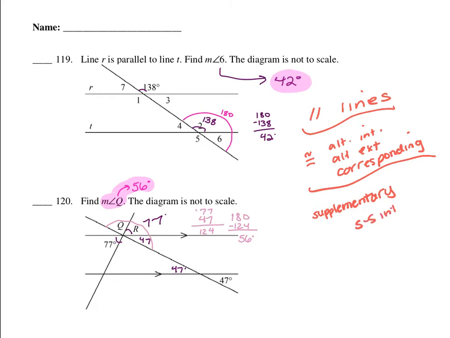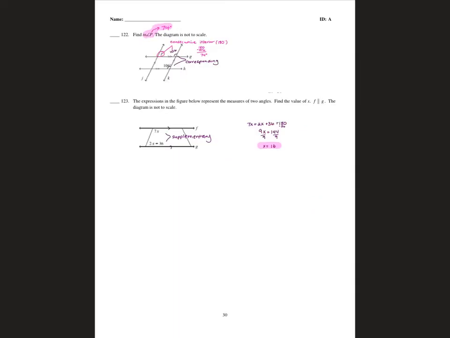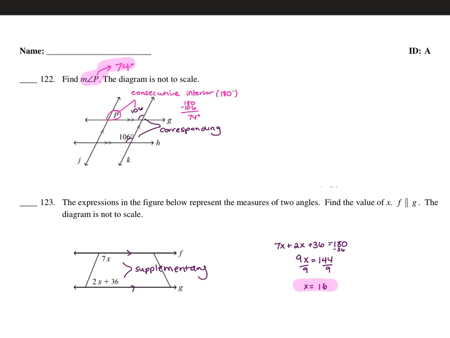Same side interior or consecutive interior. So that we got to use for 119 and 120. Linear pairs, vertical angles, and those special angles. But in order to do those lines have to be parallel. Continuing on with those, you had corresponding angles and consecutive interior in 122.